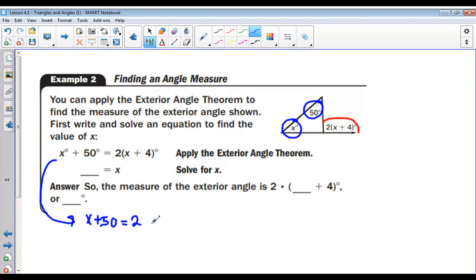And then I'm going to distribute the 2 with the x and the 2 with the 4. So I have 2x plus 8. All right, I want to get x by itself, so I'm going to subtract x from both sides. So I'm going to have 50 equals x plus 8, and then I'm going to subtract 8 from both sides. So I'm going to end up with x equal to 42.